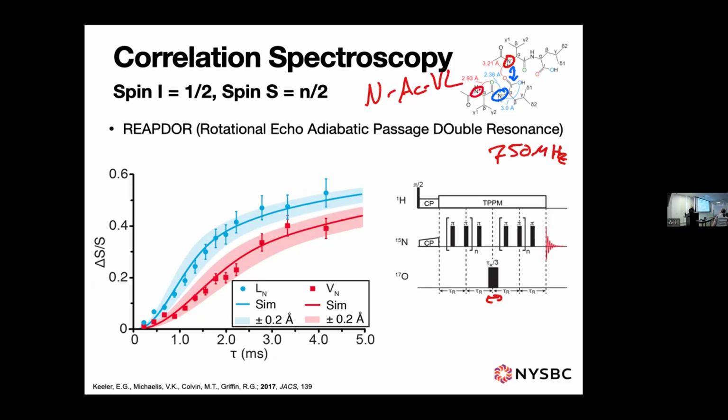What is the isotopic composition of this NAL? It's uniform 13C, 15N, and 70% 17O, and the protons are normal.